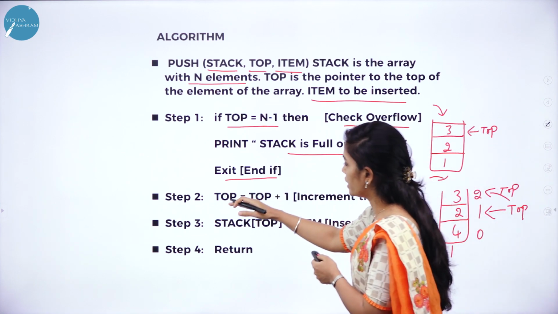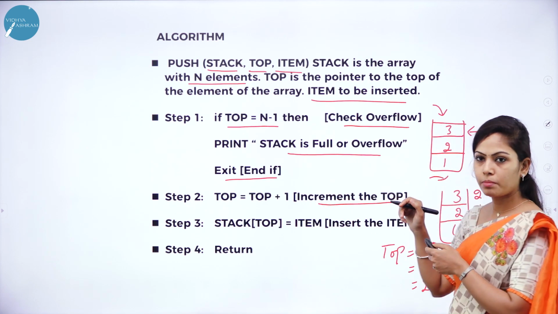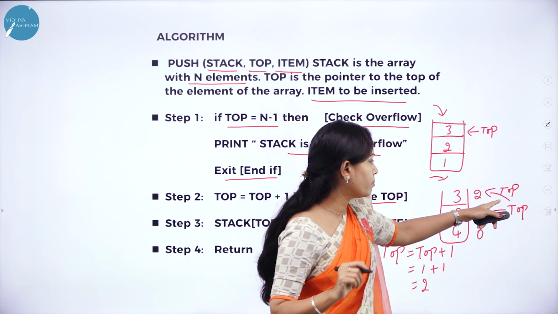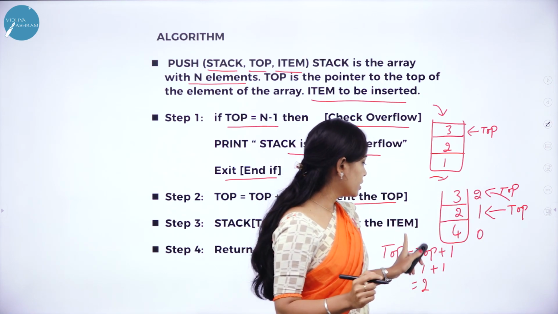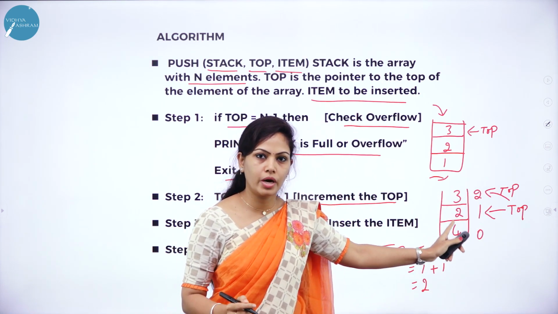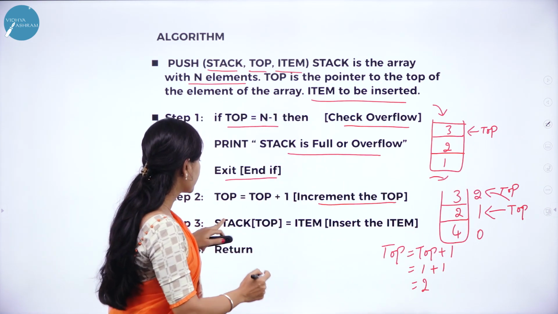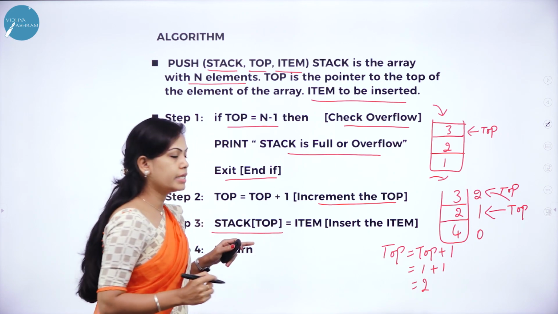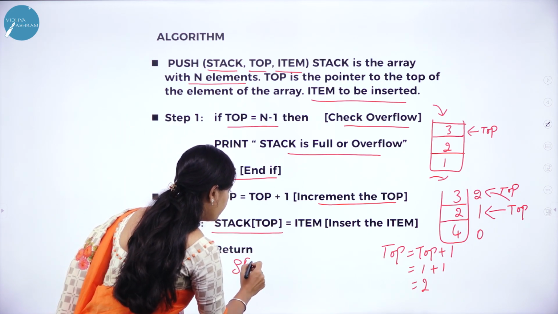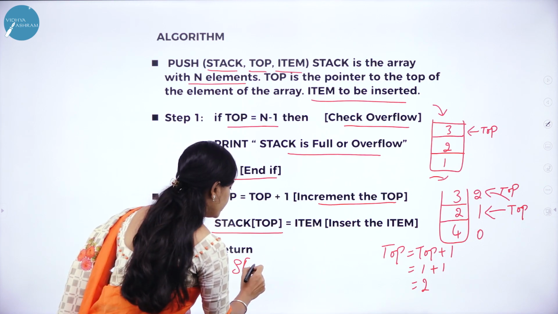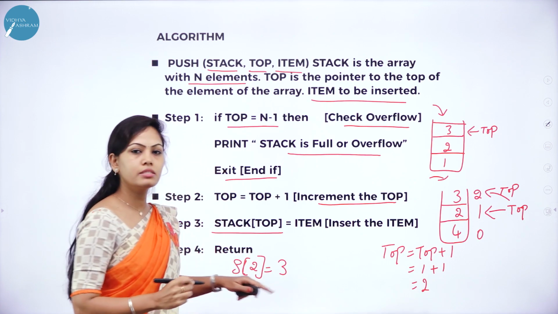So we have to check the condition top is equal to top plus 1, that is, increment the top. I have incremented the top value from 1 to 2. After that, stack of top is equal to item. The top value is 2, and the item I have added is 3.